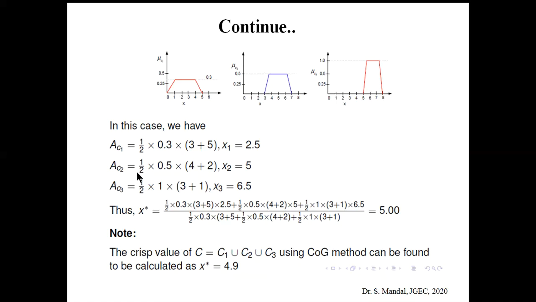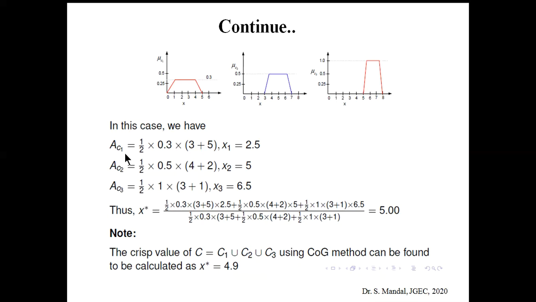Similarly for AC2 we calculate the corresponding area and find out the geometric center, and for AC3, the third membership function, we also find out the corresponding area and the geometric center. Now substituting all the values of AC1, X1, AC2, X2, and AC3, X3, we can easily get X star, that is the defuzzified output or crisp value, by using the COS method.